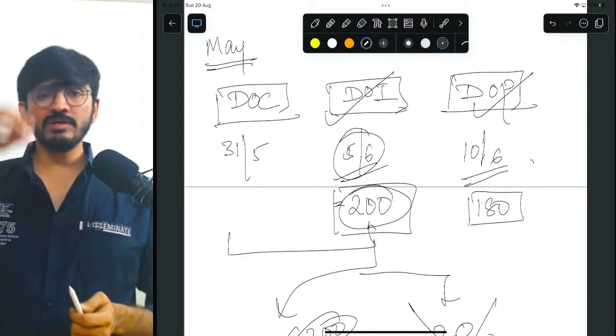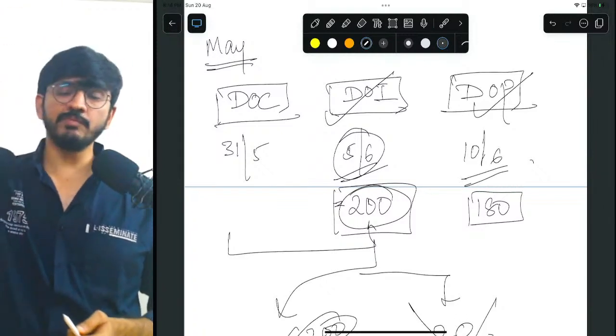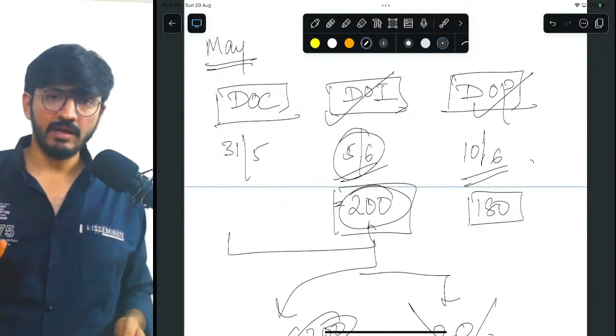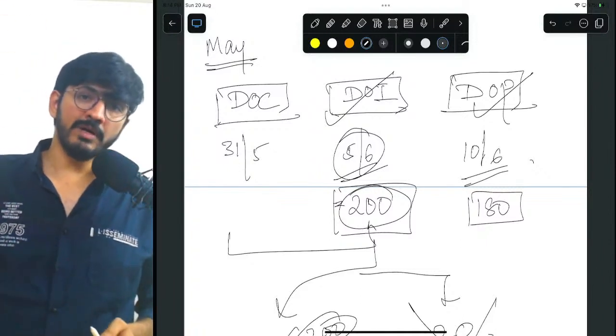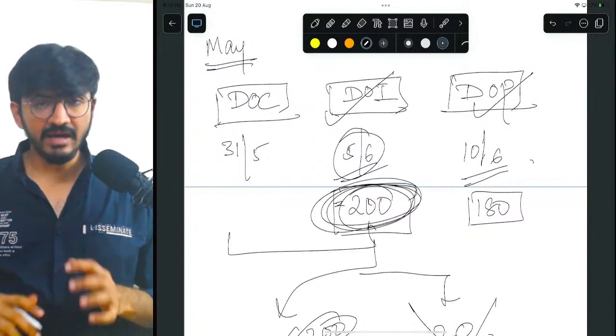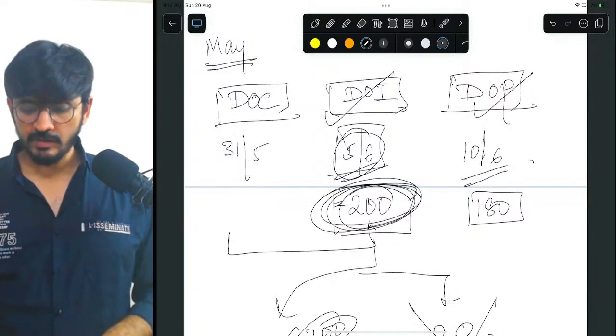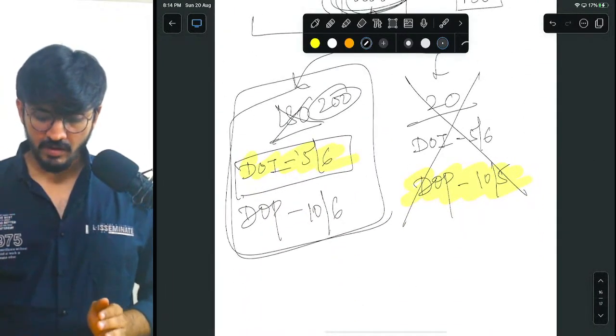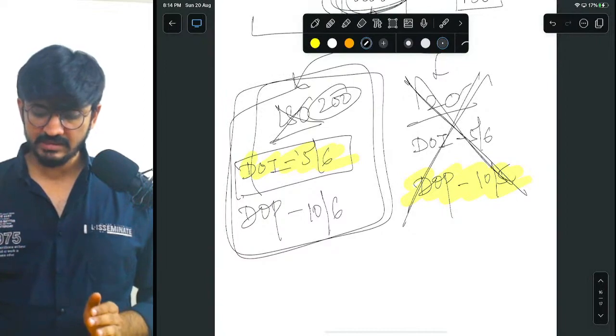Then forget about that advance, whichever is earlier. Simple. Just take date of invoice as the time of supply instead of date of invoice or date of payment, whichever is earlier. So government said take the entire 200's time of supply as 5/6 and end that discussion here itself. You don't need to calculate this.